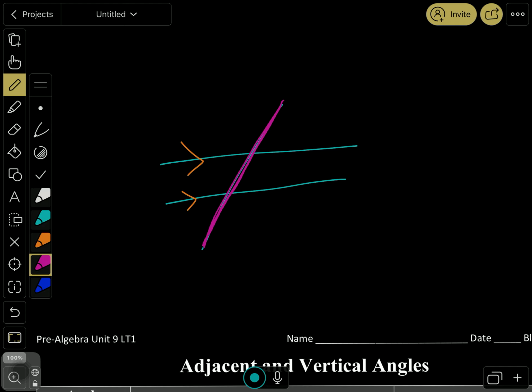Well, within this diagram, we get four different angles here, and we get four different angles here. And all of those different angles are going to create some patterns and some things that we need to be aware of, mainly because we're going to start to see these things later on in geometry a whole bunch.